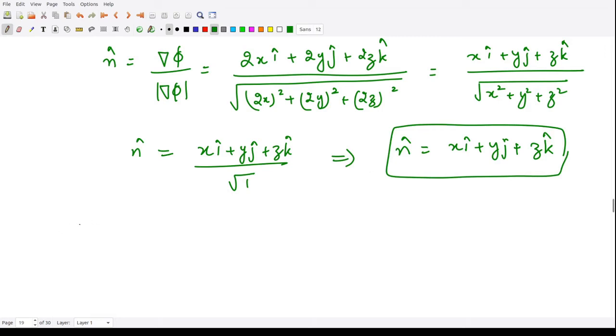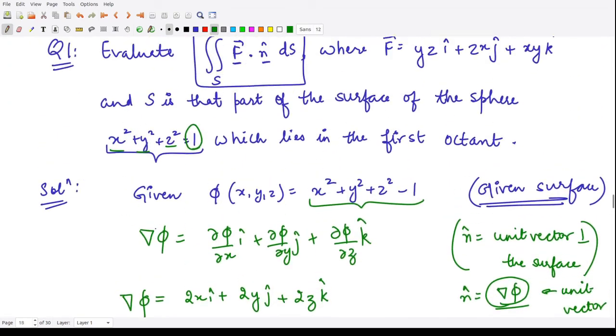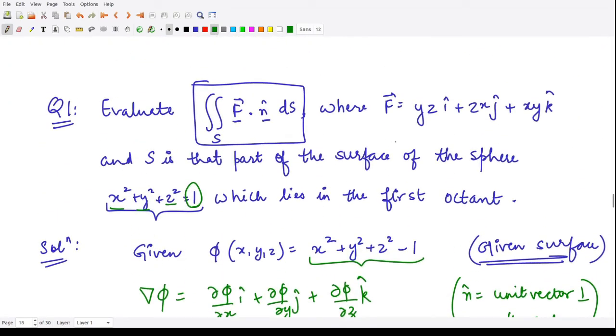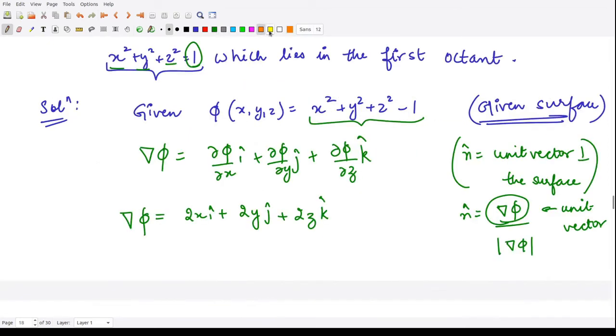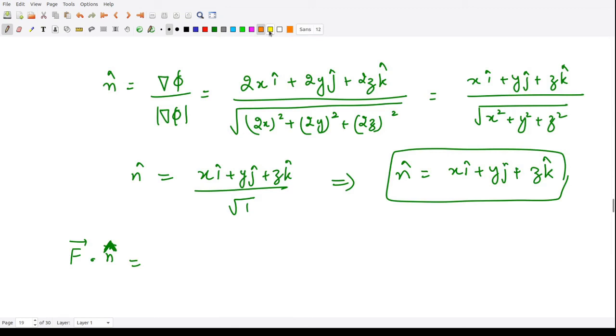Now in order to calculate our integral, we are to calculate the given vector F dot the unit vector n. What is the given vector F? The given vector F is yz i cap plus zx j cap plus xy k cap.